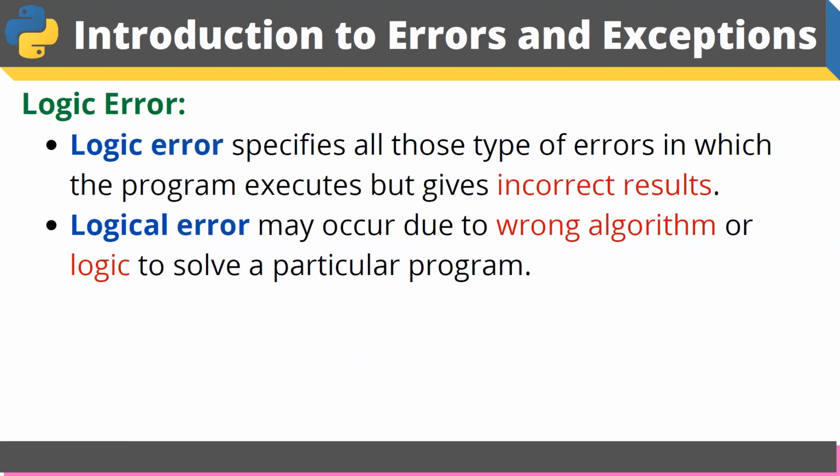Next, logic error. Logic error specifies all those types of errors in which the program executes but gives incorrect results. These types of logic errors occur due to a wrong algorithm or logic used to solve a particular problem.